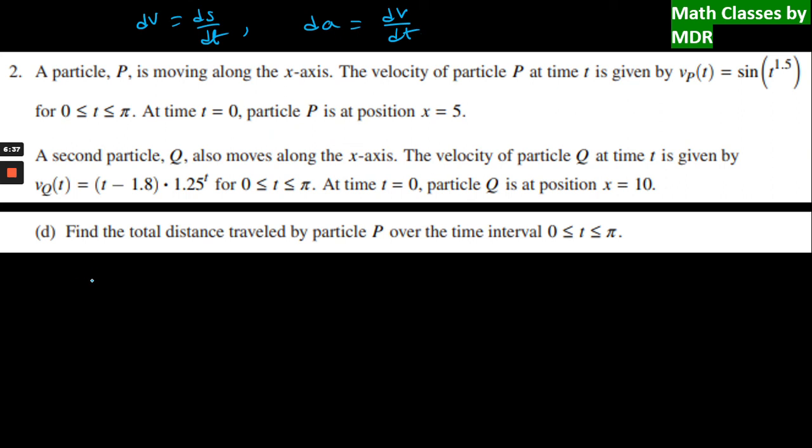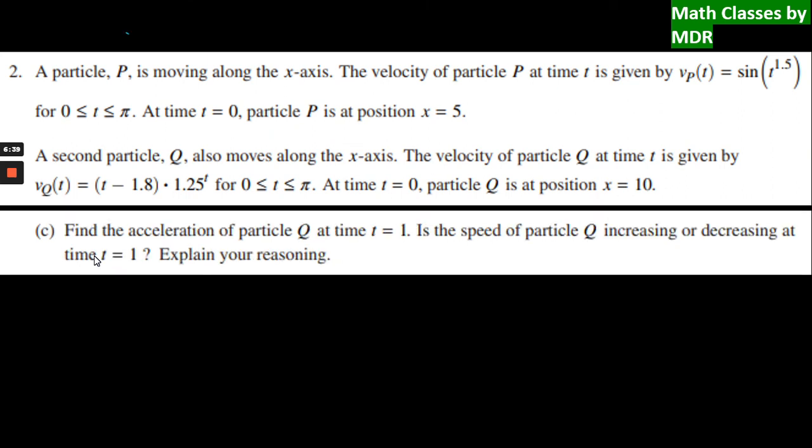So now, in order to find the acceleration, the acceleration of Q is nothing but dv by dt at t = 1. Again, you can use a graphing calculator to find this value.